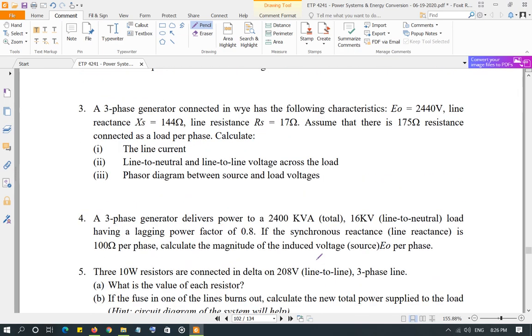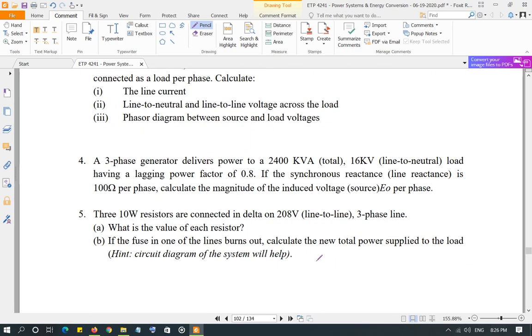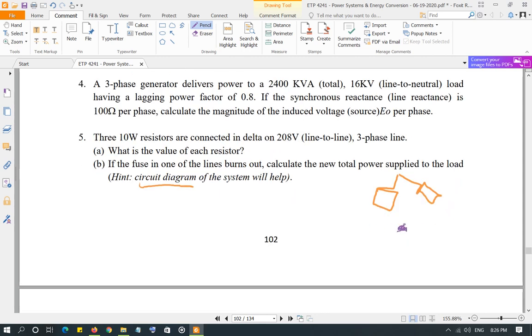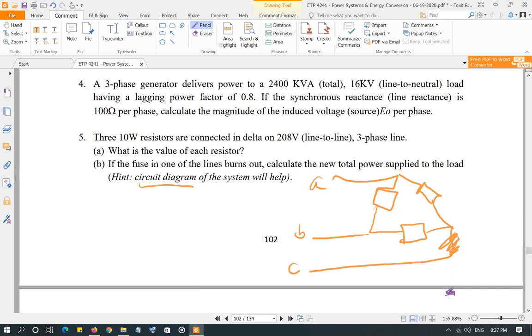In the problems I will mention one thing. There's a problem right here, and the circuit diagram is going to help. In this problem, the arrangement is that you have three loads connected in delta, and you have lines A, B, and C. Then I'm asking you that for some reason one of the line fuses burns out, so that means this line is gone, let's say right here.